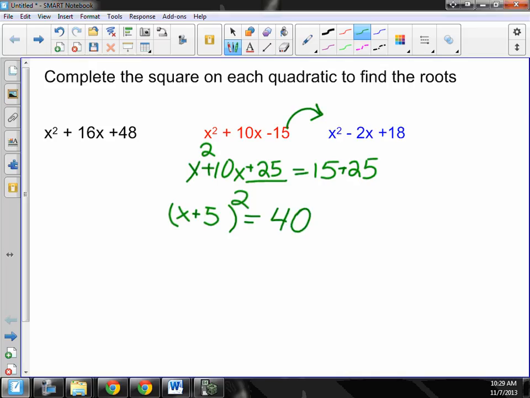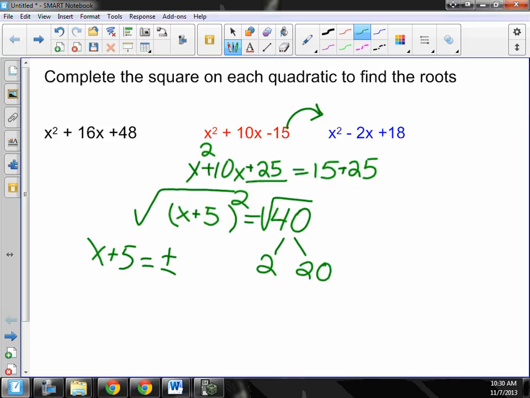This time when I take the square root, 40 is not a perfect square. So I square root this, and I square root this, and I get x plus 5 equals plus or minus. Well, 40 doesn't come out evenly, so I just need to simplify it. What goes into 40? 20 and 2.